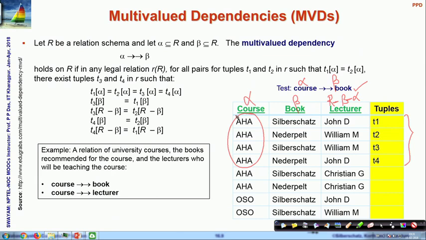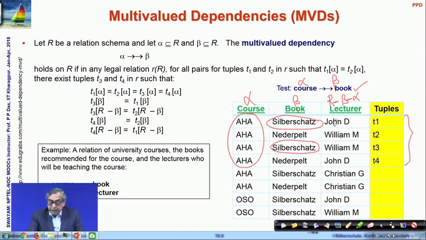So, that is fine. Take the second condition: T3 on beta is Silvers search and T1 on beta is also Silvers search. So, they match, and T3 on the remaining attributes, if I take out book, it is AHA, the course and the lecturer that is remaining.